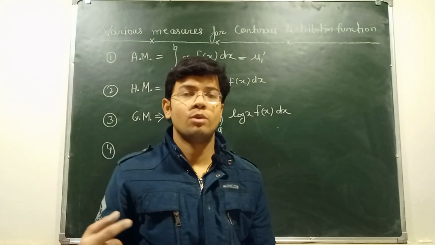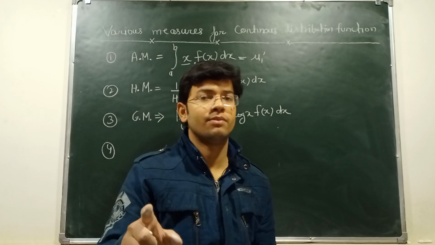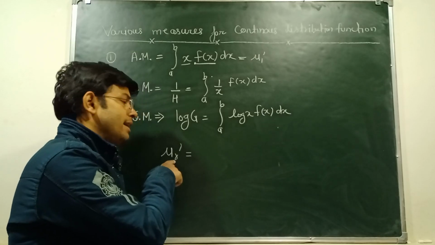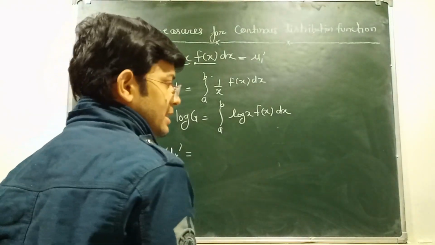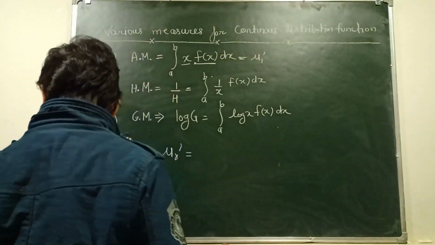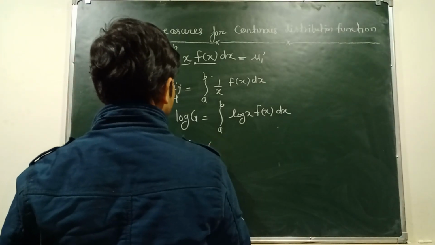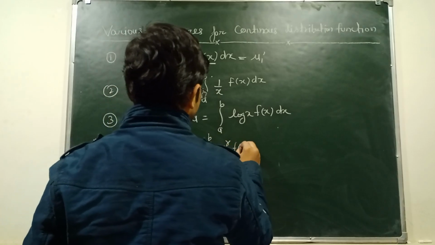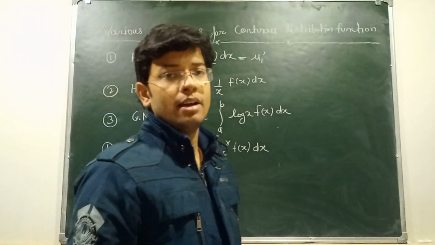Suppose I want to find the value of mu1 dash, then we write 1 in place of r. So mu r dash is equal to the integral from a to b of x to the power r times f(x) dx.